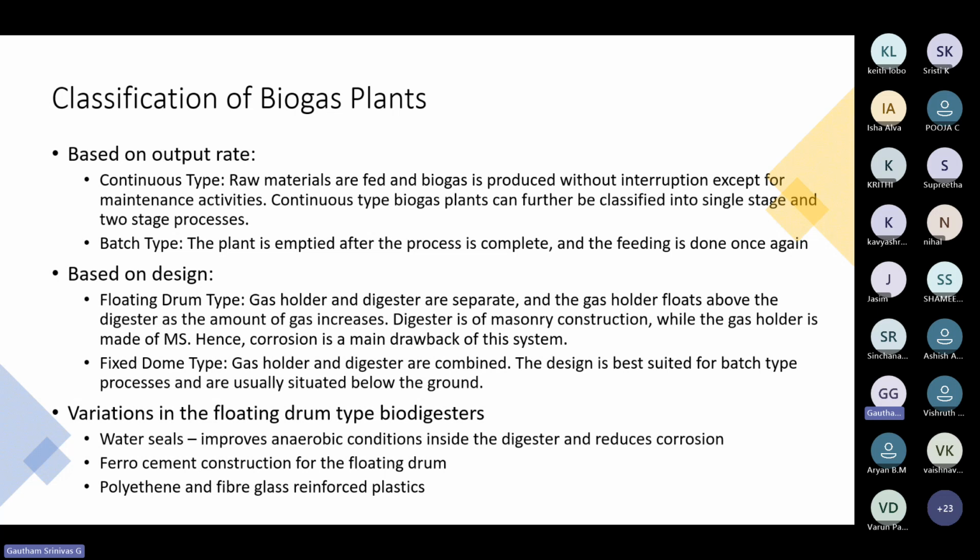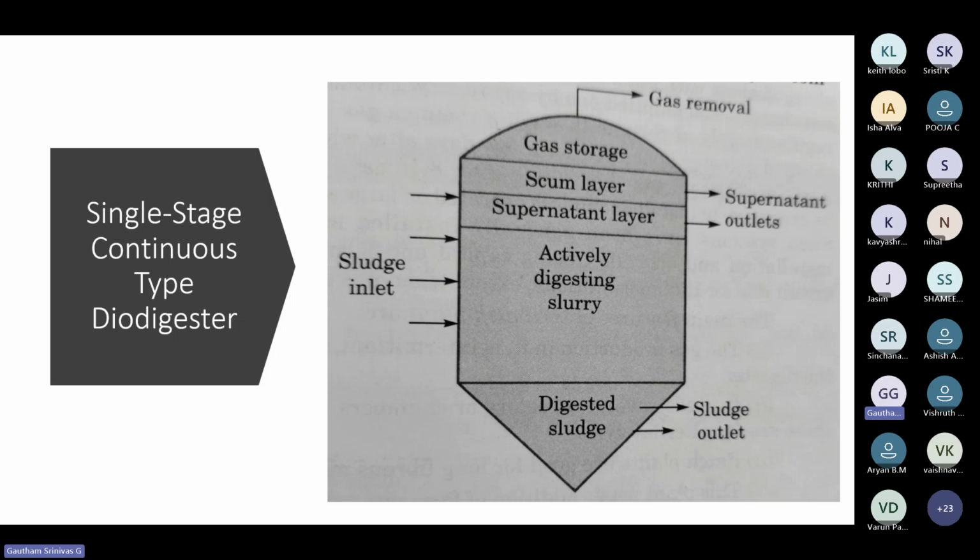Now we'll see the different biodigesters installed in India and elsewhere. We spoke about the single stage and dual stage. In single stage, you have the entire process happening in one reactor. Here you have the digesting slurry and supernatant layer.